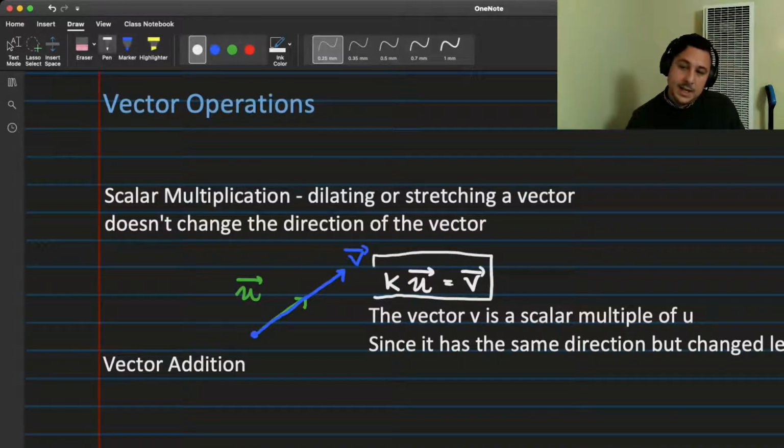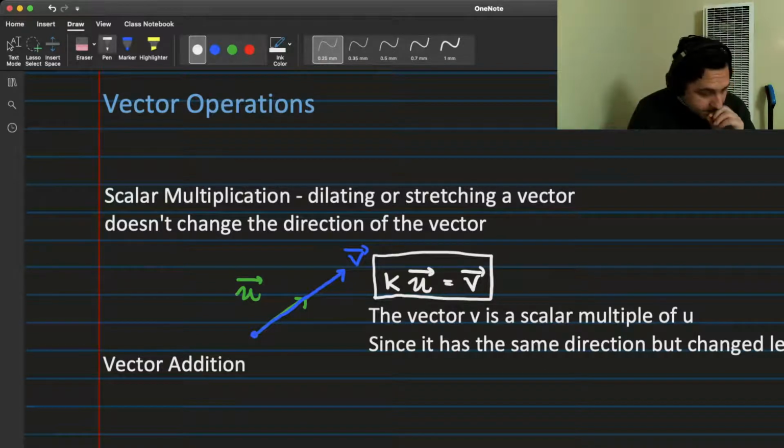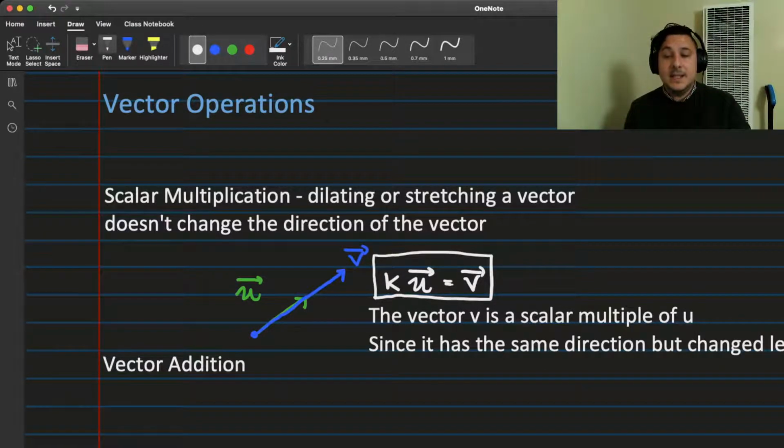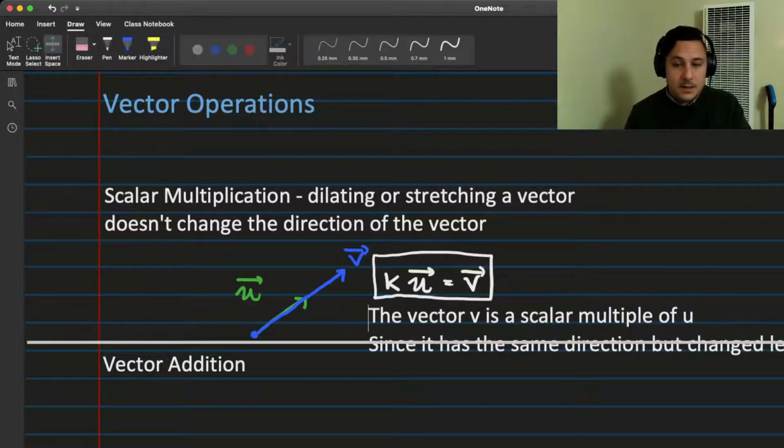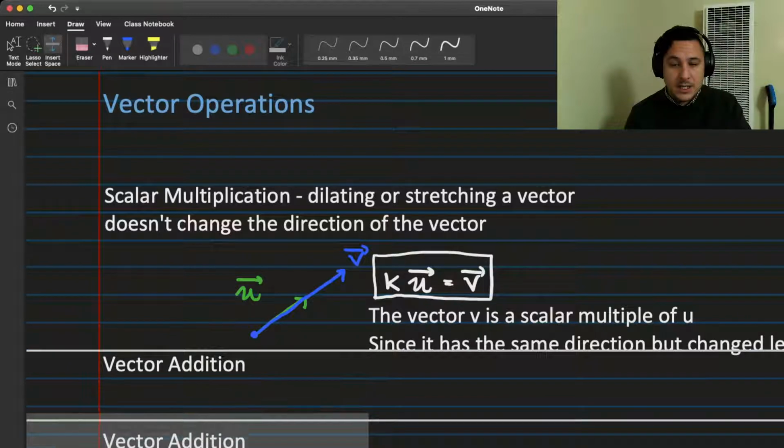If something is a scalar multiple of something else, you can multiply one of the vectors by a number and get the other one. And what it does is it changes the magnitude by that amount.